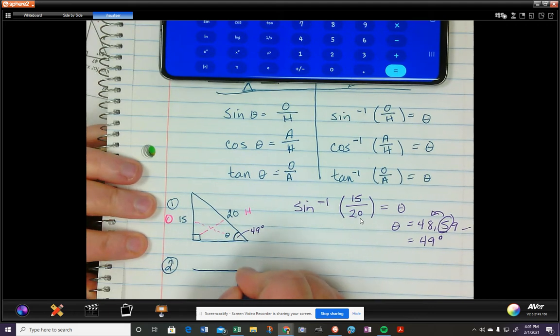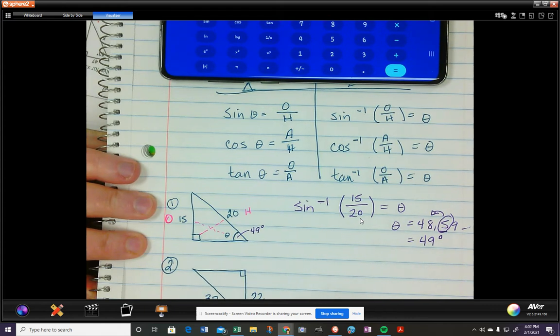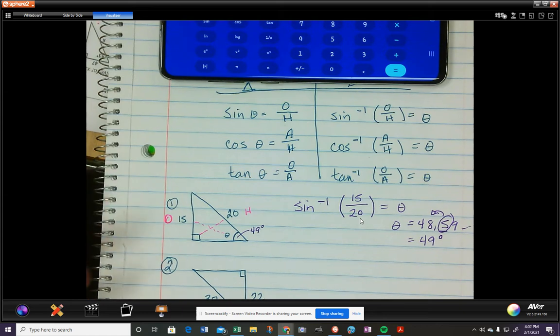Got this triangle, and it's a right triangle. And I've got 22 on this side and 37 over here. And I want this angle right here, theta. How am I going to work this one?